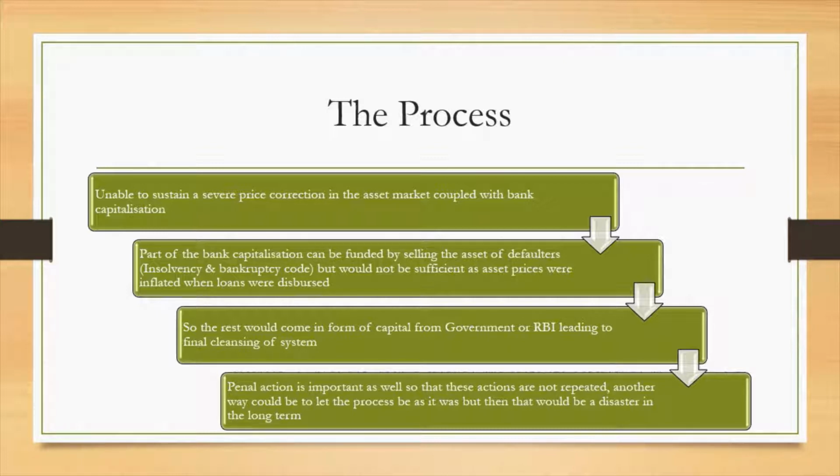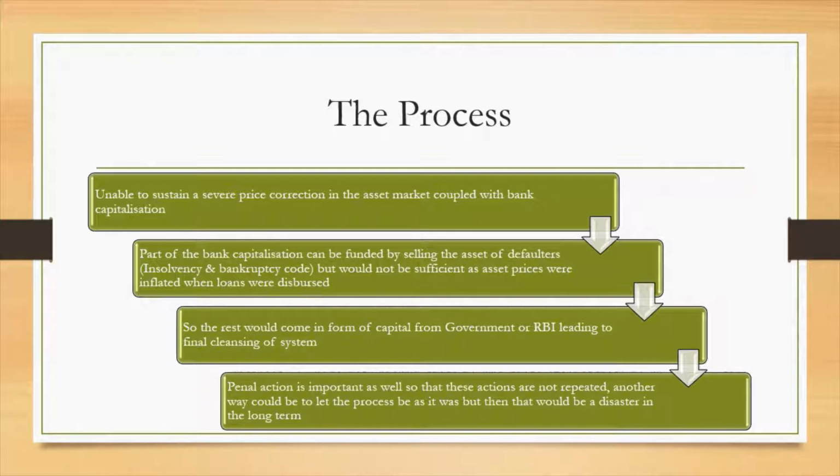Now, a severe price correction in the asset prices is very serious. I tell you why. Because not just the asset owners are losing notional wealth, but these assets have been used as collaterals with the bank to get further loans.